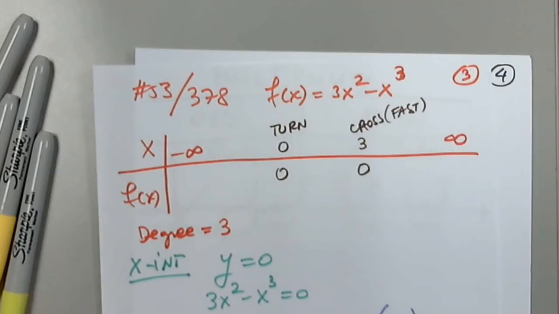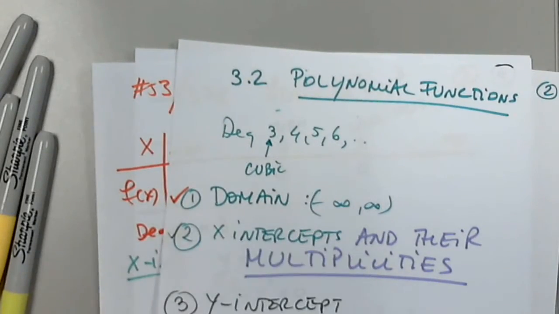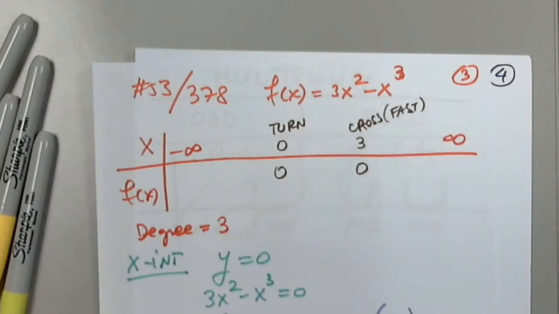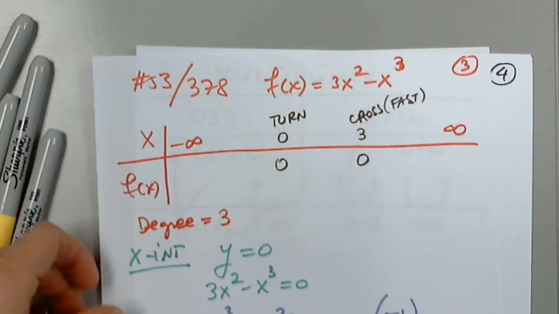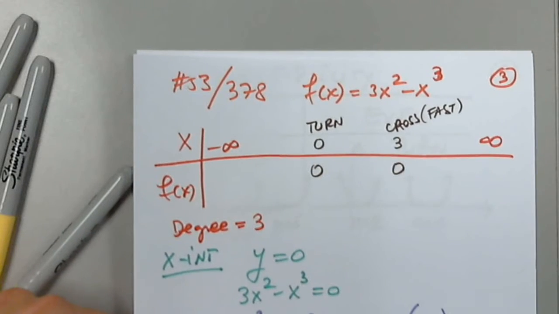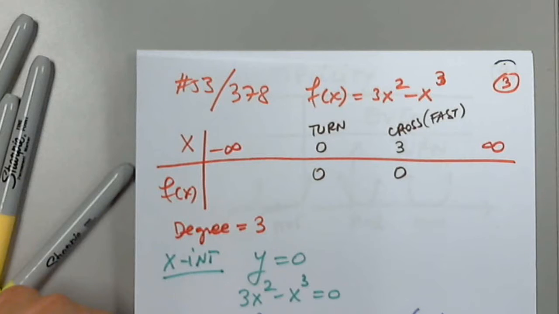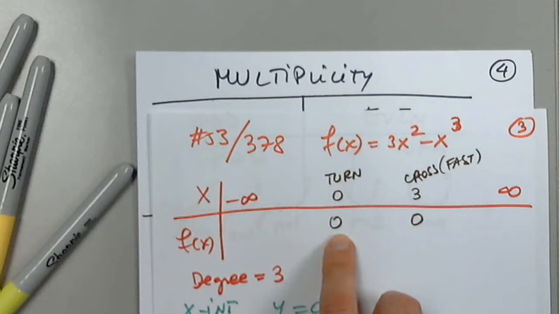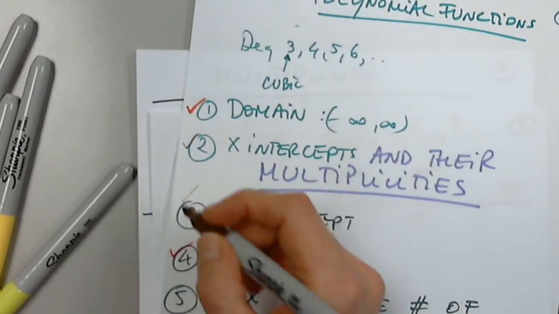So back to our list. This is accomplished as well. Now the y-intercept. Can anyone tell us how to determine the y-intercept for any function? Good. I already have it. It's already there. This is the x and the y-intercept. So this is done.